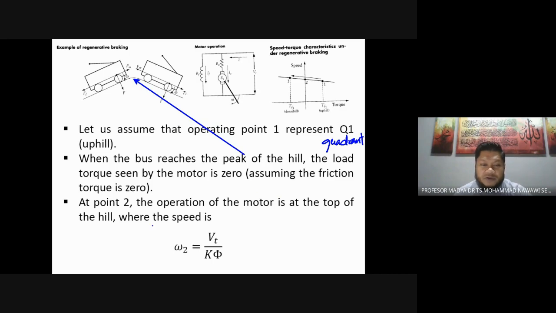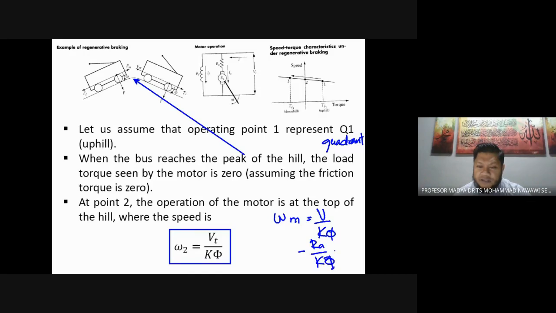The position of the motor is out here where the speed is. Remember, you have omega equals Vt over K flux minus Ra over K flux multiplied by TL. Okay. So at this point, you have Ia is 0, so this is 0 as well.